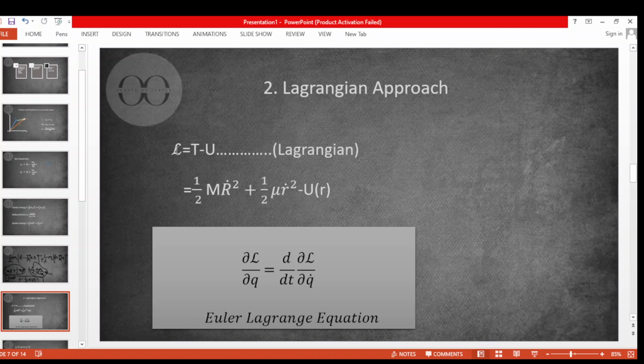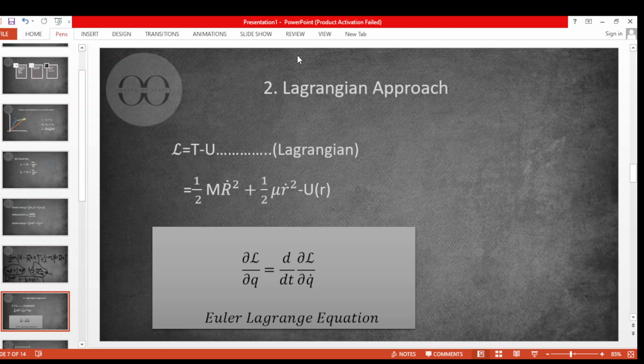So here our kinetic energy was half capital M capital R dot squared plus half mu small r dot squared, and our potential energy is U of r. We don't know what our potential energy is, so it is some unknown function.